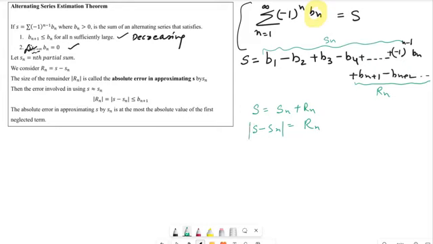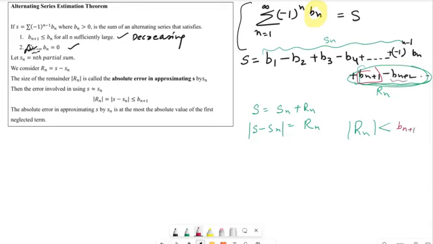Now let's take it in absolute value. We are saying whatever the remaining part is, the error, that is going to be in absolute value smaller than this term, Bn+1. Why?